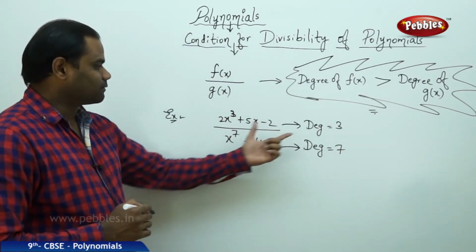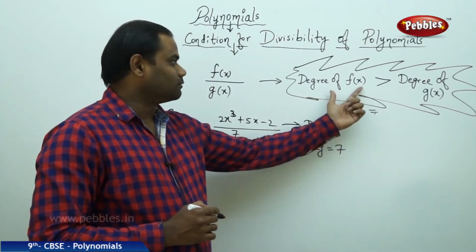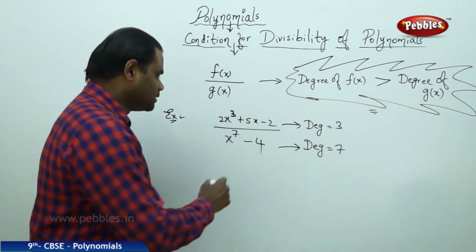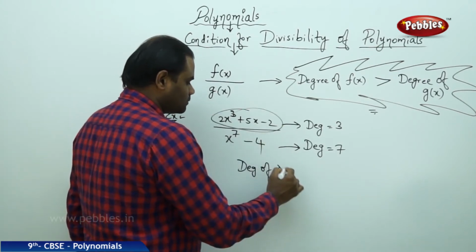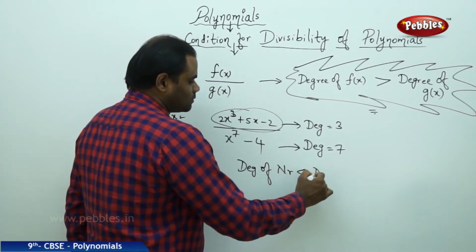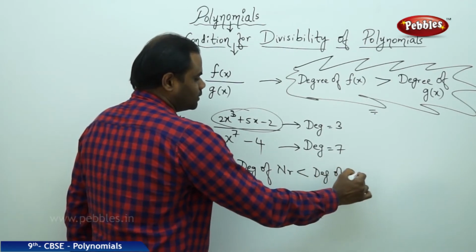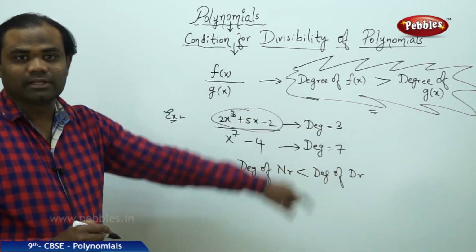Therefore, I don't have my condition satisfied here, because clearly the degree of the numerator is less than the degree of the denominator, in this case 3 less than 7.